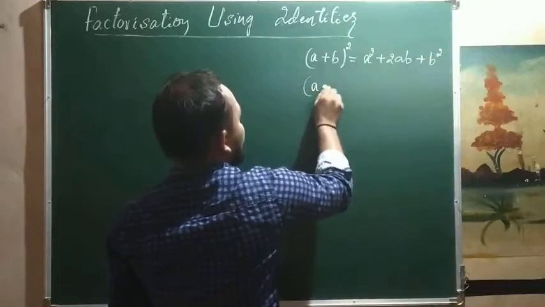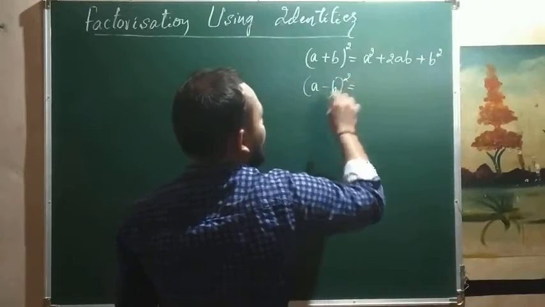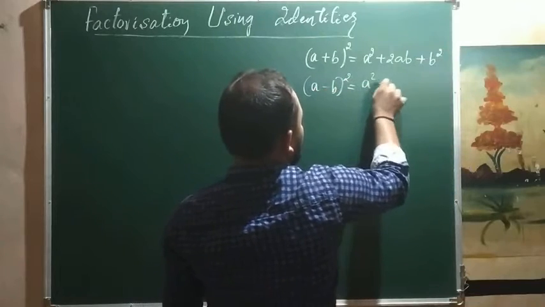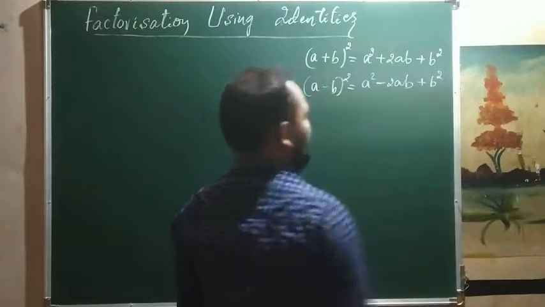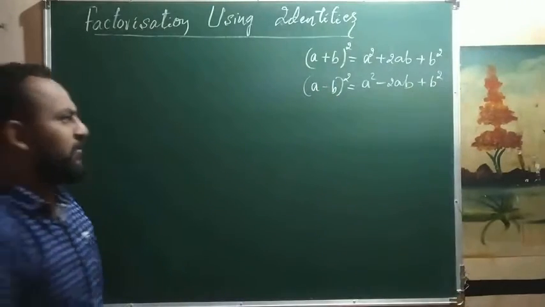The second identity is a minus b whole square, which is a square minus 2ab plus b square.